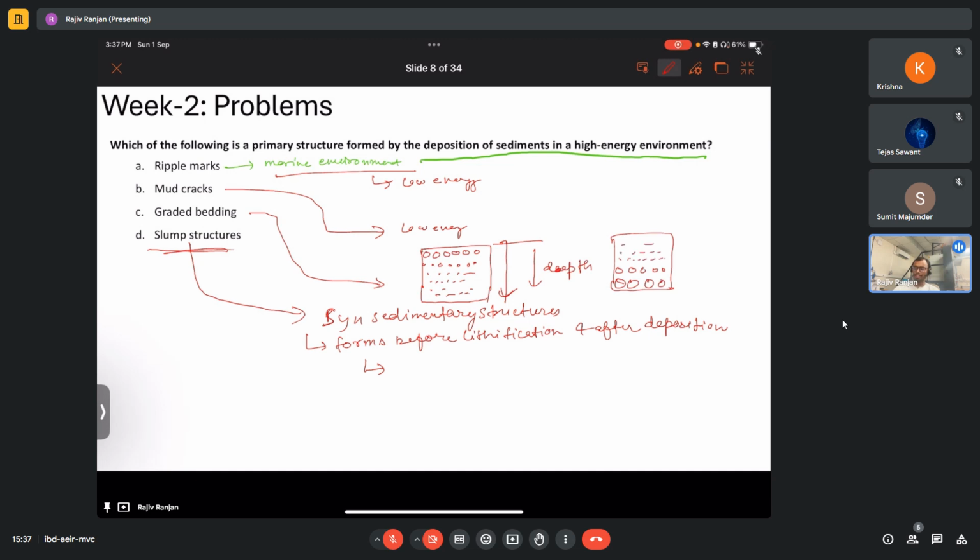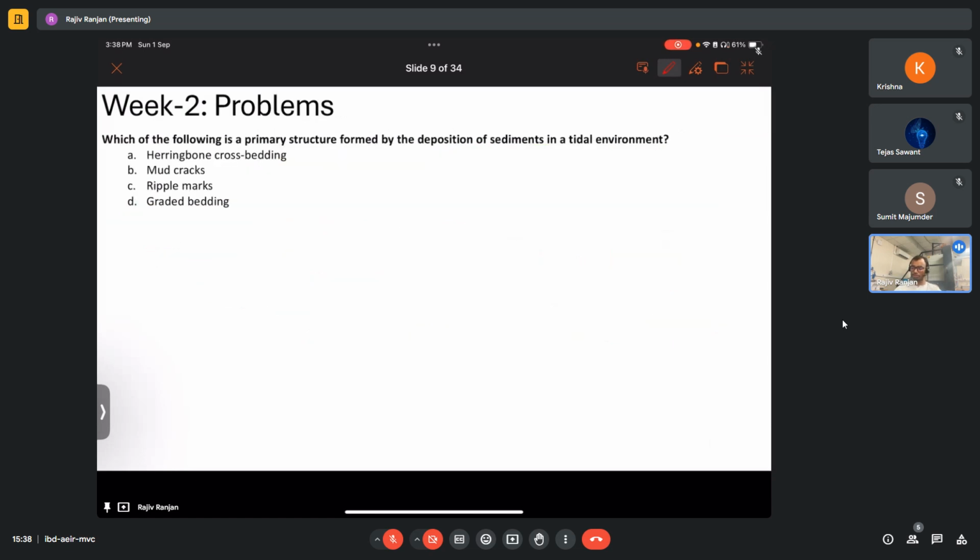This grading happened because of very high energy. There is shaking, there are earthquakes, and because of that graded bedding forms. So graded bedding structures form during high energy movement. I hope this is clear. Let's move to the next question.